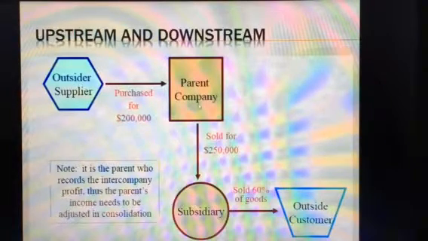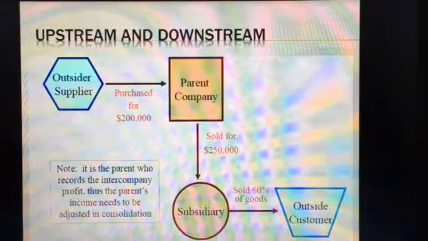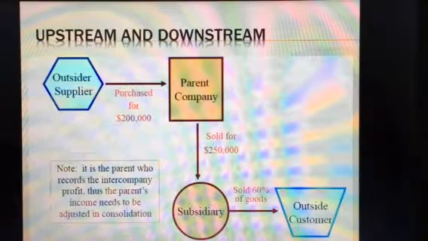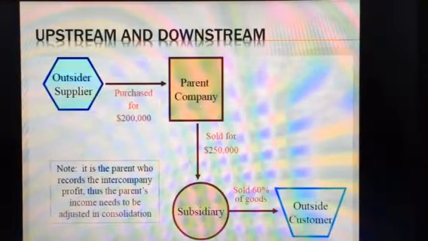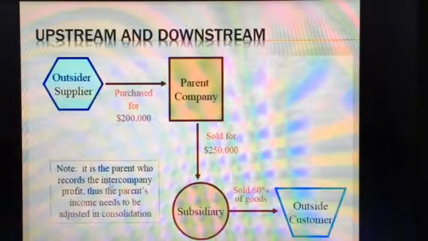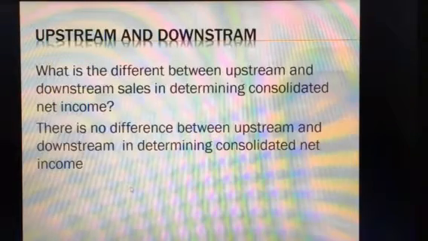If the parent sold to the subsidiary, for example for 250,000, the cost of the subsidiary will be 250,000, and they may sell to an outside customer 60% of the goods. This increases the sales for the subsidiary and for the parent. You can see this note. It is the parent who records the intercompany profit. Thus the parent's income needs to be adjusted and consolidated.